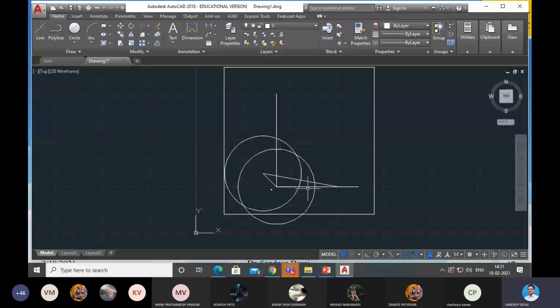This point is B. From B, again draw a circle. How much is BD? 1020. 102 means 1020, right?